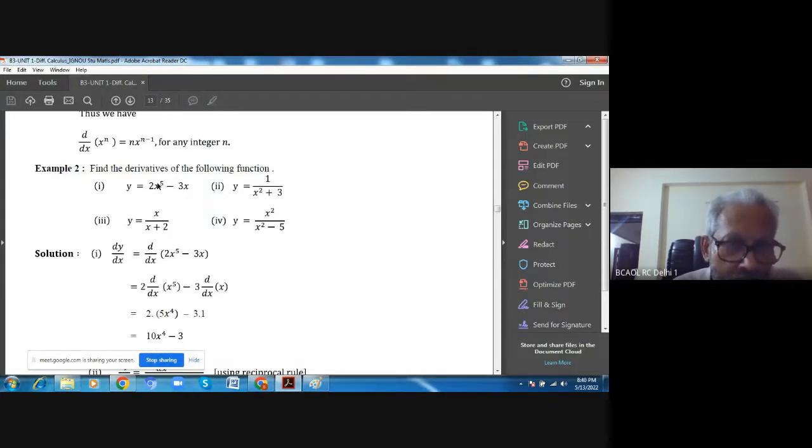Here y is equal to 2x^5 minus 3x. I have given 2x to the power 5 minus 3x. So dy by dx, actually y should be written here, and dy, then the student will be more clear. And it is equal to d by dx. This side is written correctly, no problem.